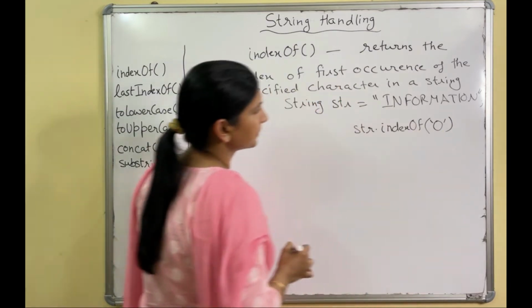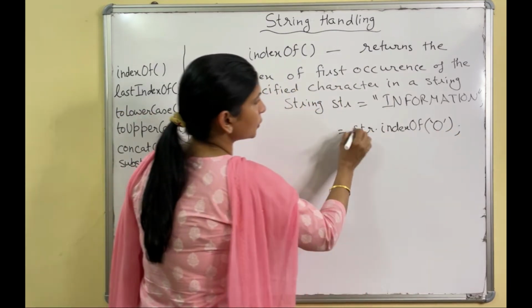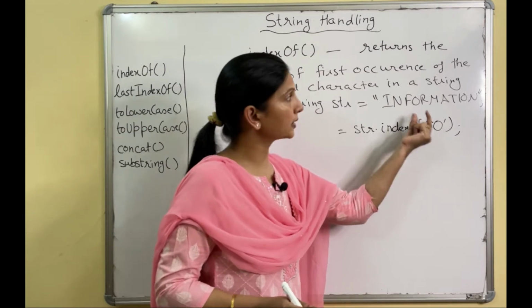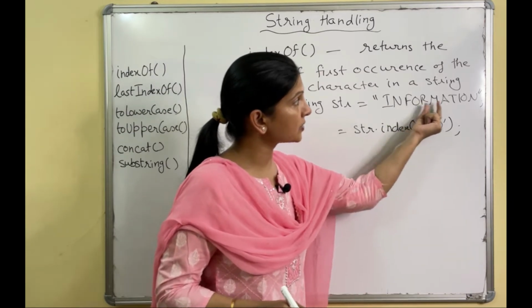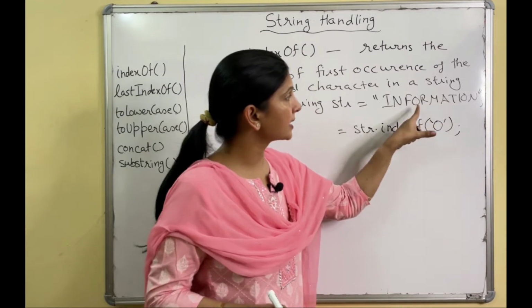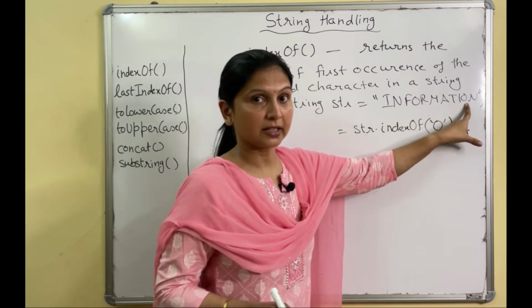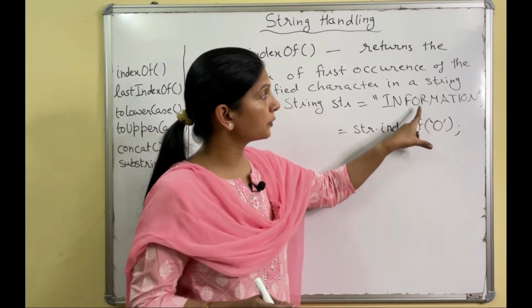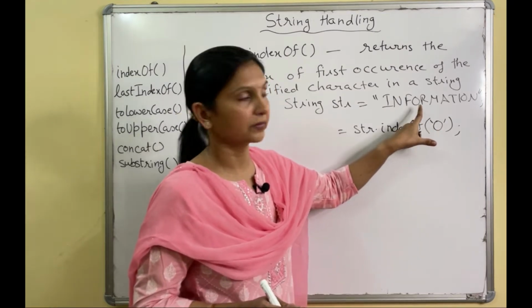O. So it will return the index of which character? O, but if you can see in the string, O is repeated twice, here as well as here. So it will return the index of the first occurrence of the character, this one.